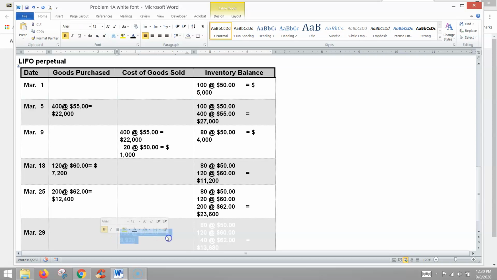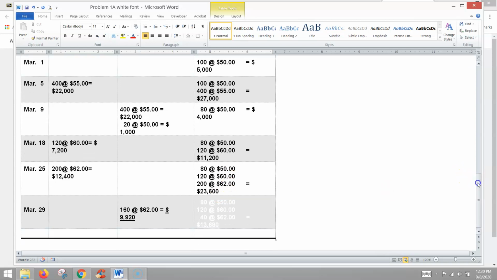So we're going to sell 160 units at $62. Left in inventory, we still have the first two layers, 80 at $50 and 120 at $60. We had 200 minus 160, so we have 40 left at $62. So our total ending inventory is $13,680.